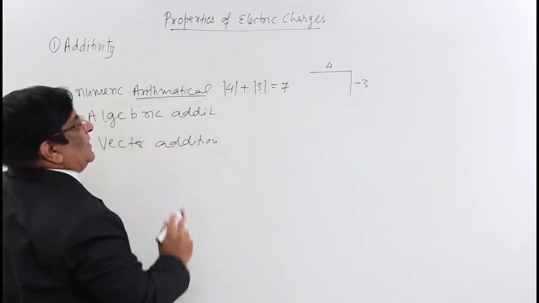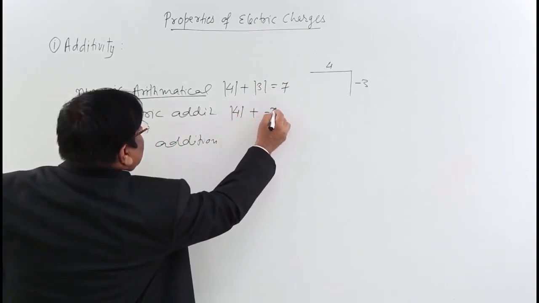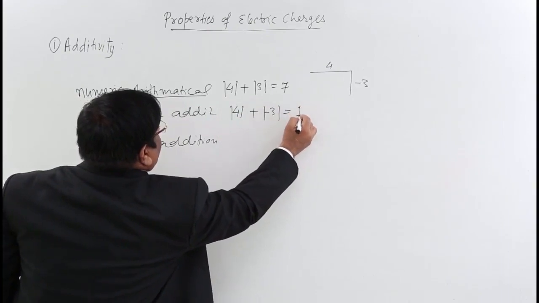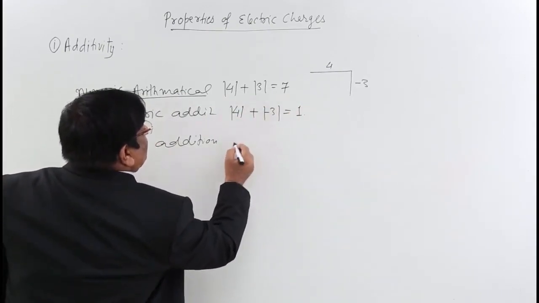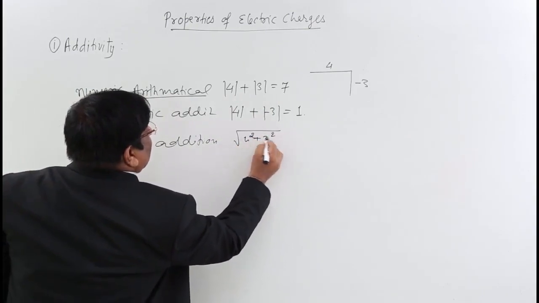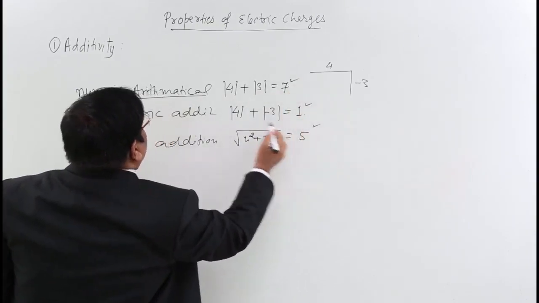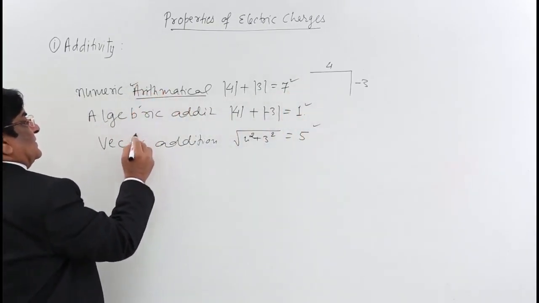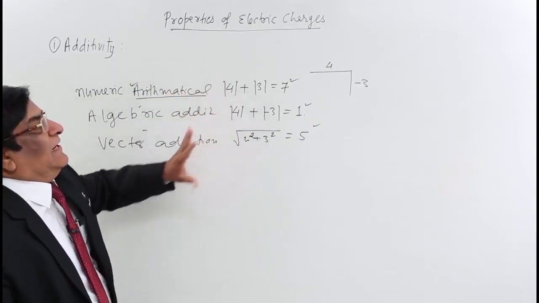If we do algebraic addition, then it is 4 minus 3, 1. If we are doing vector addition, then it is root of 4 square plus 3 square, and that is equal to 5. So you see the results are different, and all these three are additions. So charges follow which pattern of addition?